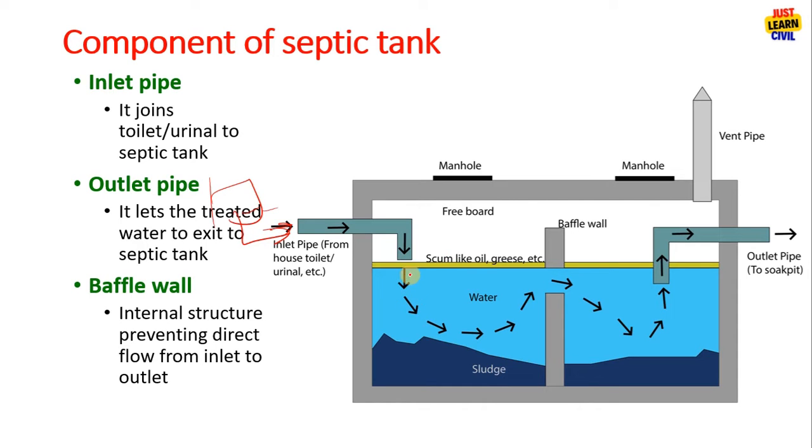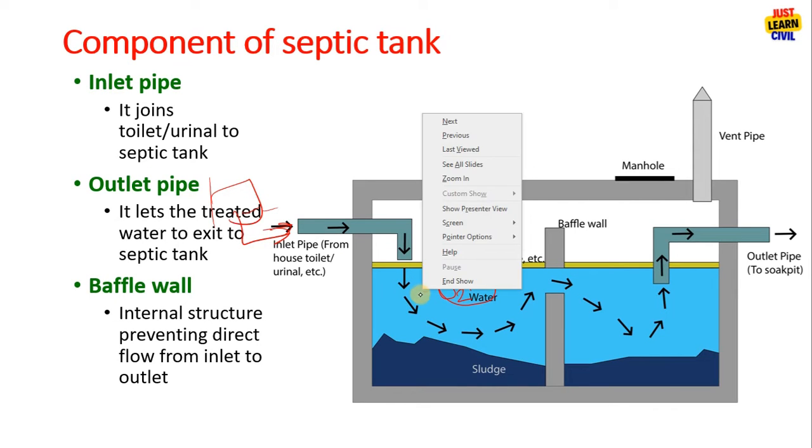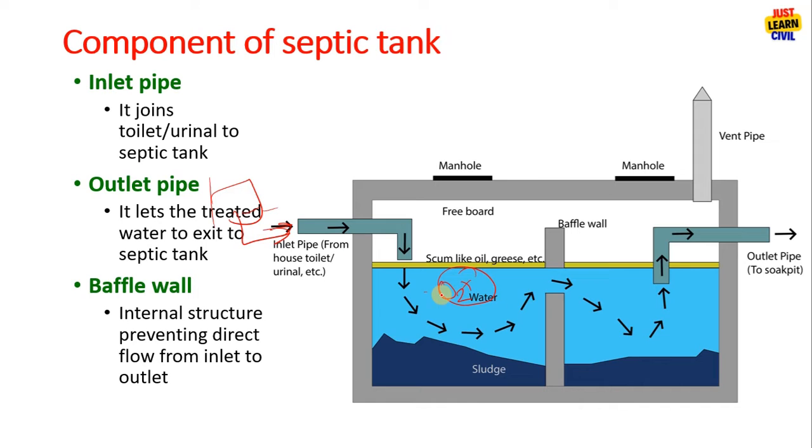Now after the sewage enters the septic tank, anaerobic digestion takes place in the absence of oxygen. There is no oxygen in the tank. The bacteria is initially seeded, which are the anaerobic bacteria, and they act on those sewage and converts it into sludge and liquid.